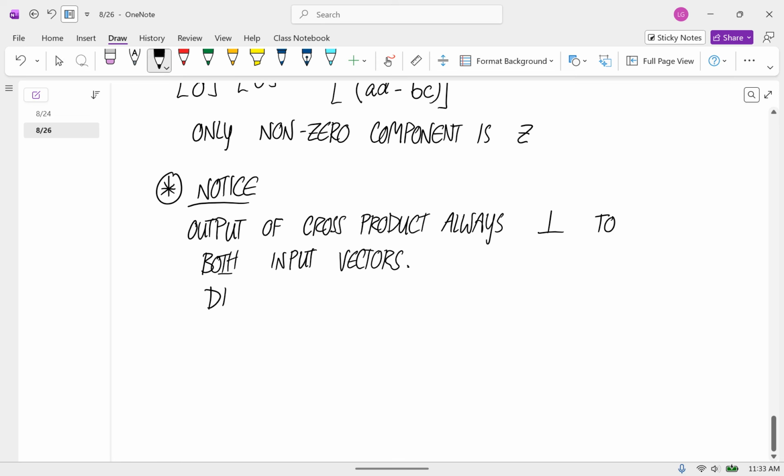And we also know that besides being perpendicular to both of the input vectors, the direction of the output vector has to obey the right-hand rule.